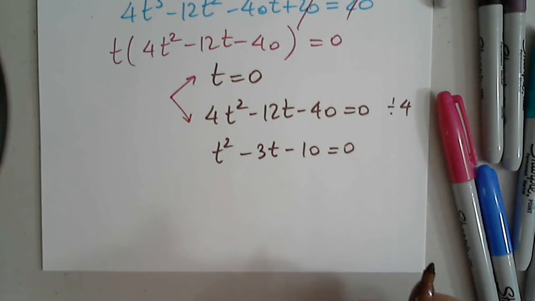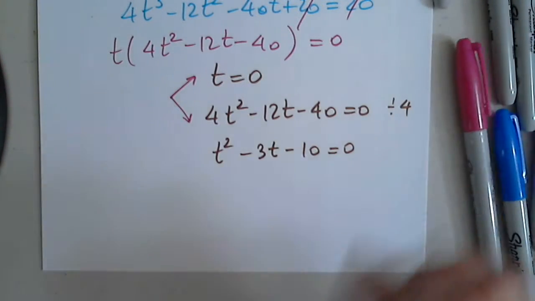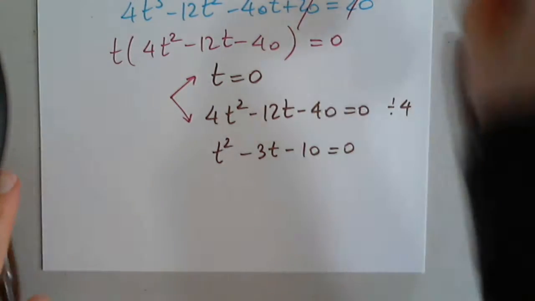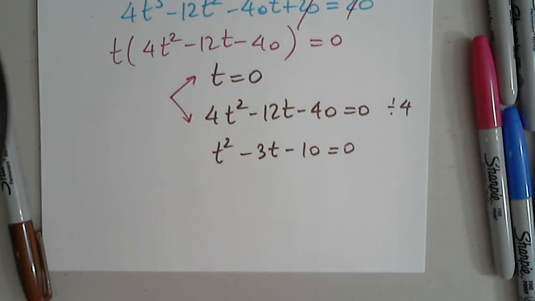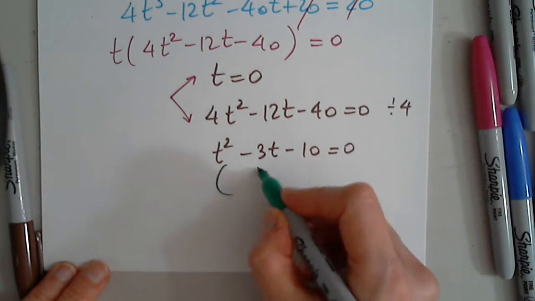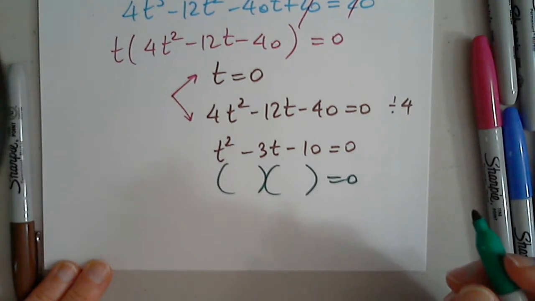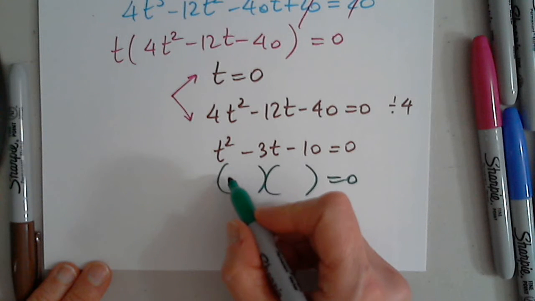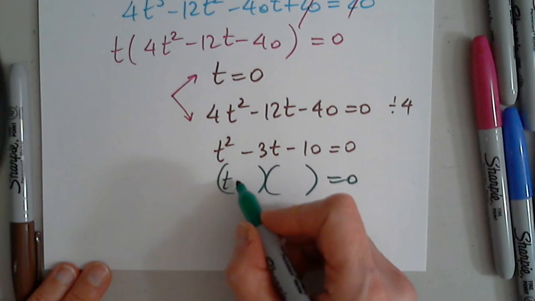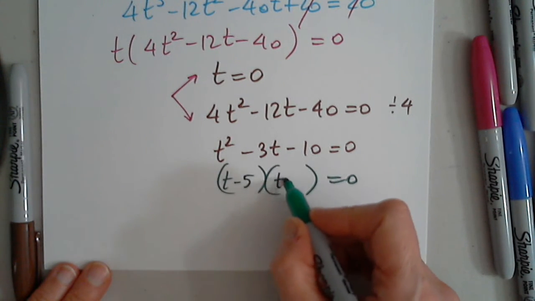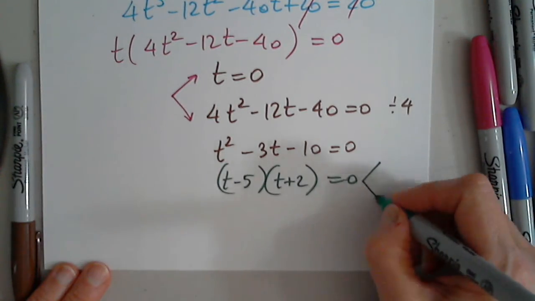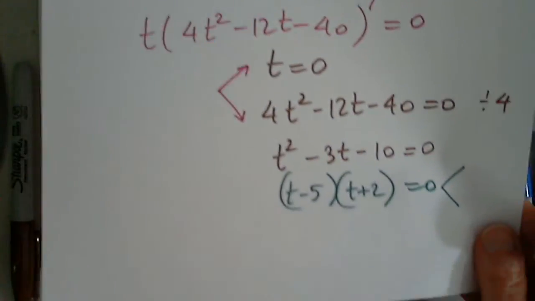What will be the next step? Let's say, Lindsay, would you like to tell us what you would do on this next step? Factor it into t minus 5 and t plus 2. Great job. Very good. So then we have two more options. What are they?